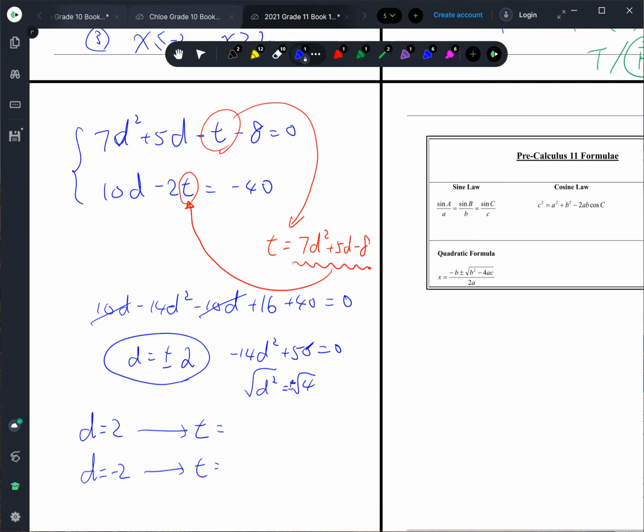Each value for D, you get a different T. The first answer I got is 30.